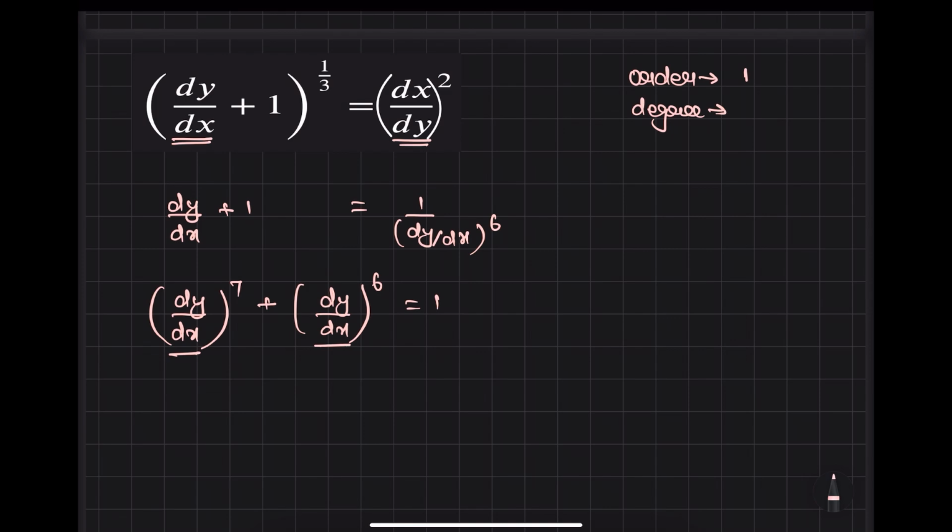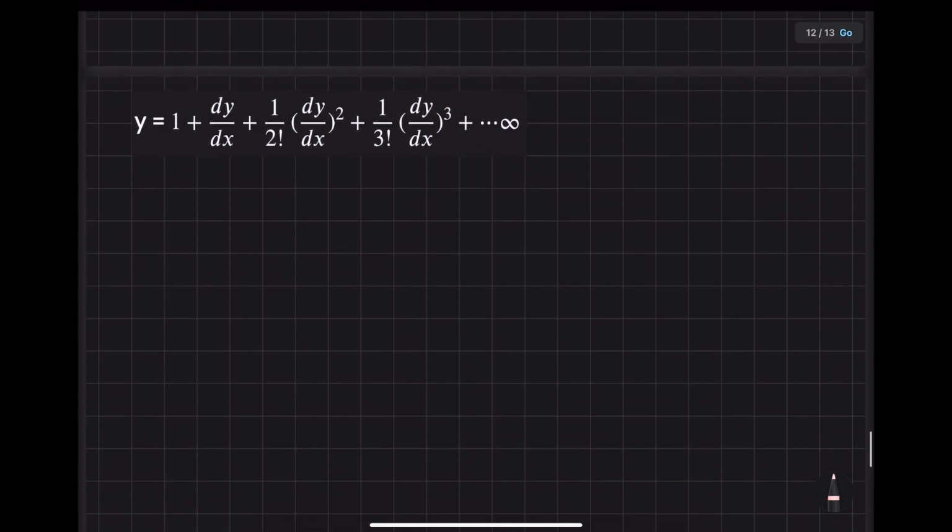For degree, we have to convert it into polynomial. We already did it. And we have to consider the highest power of the highest differential. Among them, the highest power is 7. So the degree is 7. I hope things are clear. Let's move on to the next part.